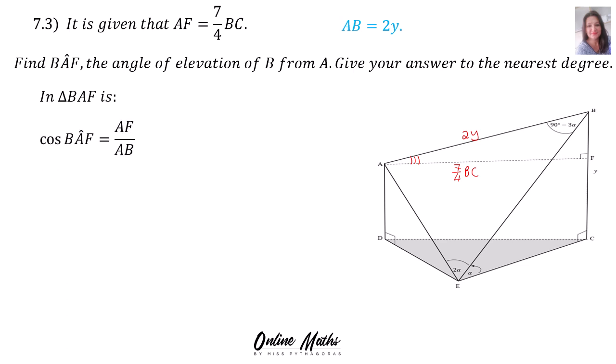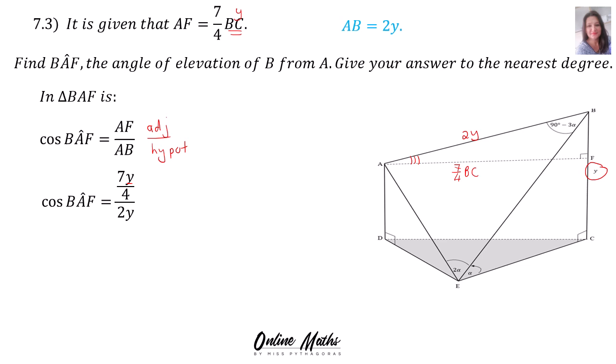So we can say that the cos of BAF is AF over AB, because cos's ratio is adjacent over hypotenuse. Then AF was given that it's 7 over 4 BC. But remember, it was given right at the beginning that BC is equal to y. So this is why there's a y suddenly.